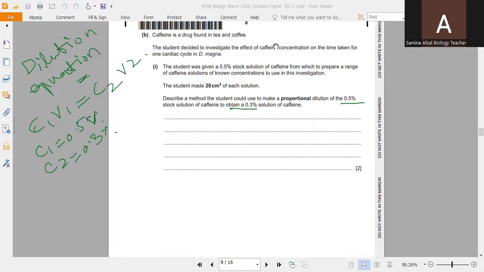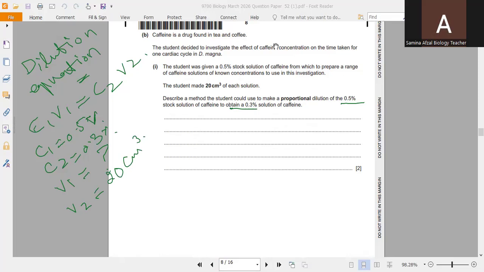So we have to calculate the volume of stock solution, so V1 has to be found. They have given V2, which is 20 cubic centimeter. So this is the final volume.